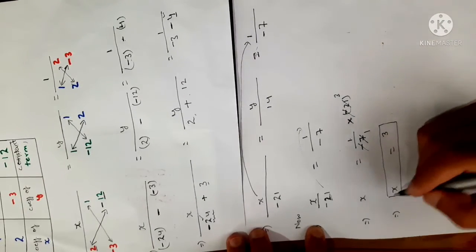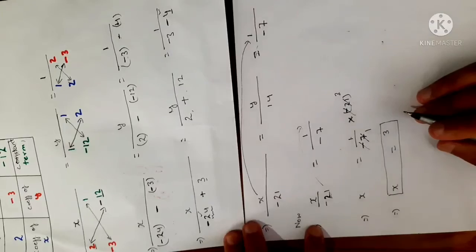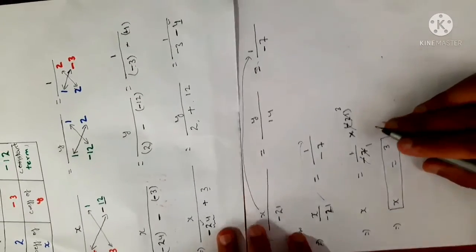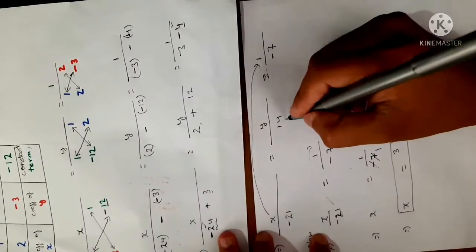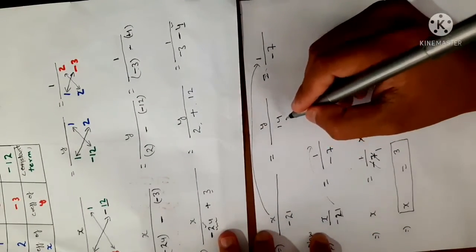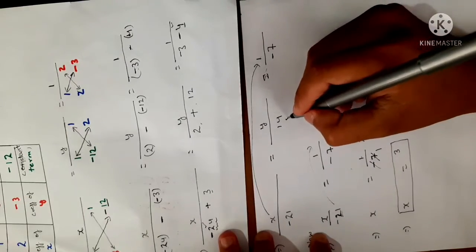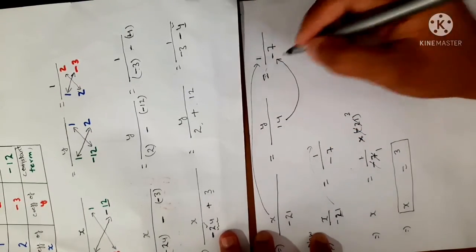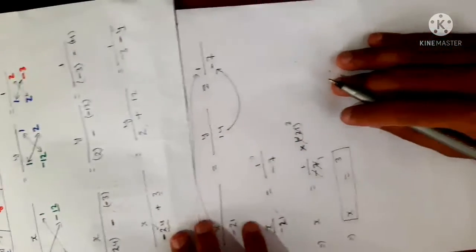Now we have got the value of x. Next, we solve for y. We will take 2 of them at a time: y by 14 and 1 by minus 7.